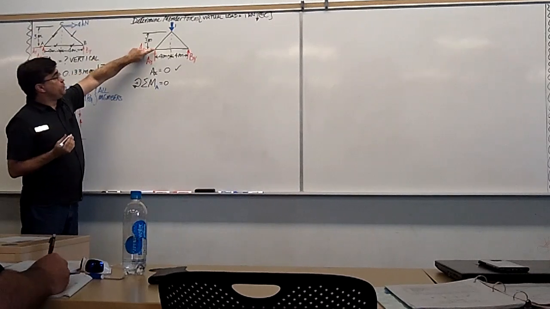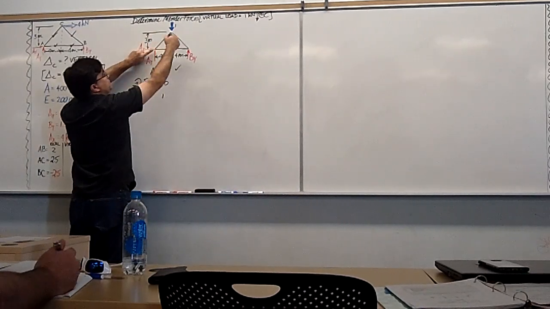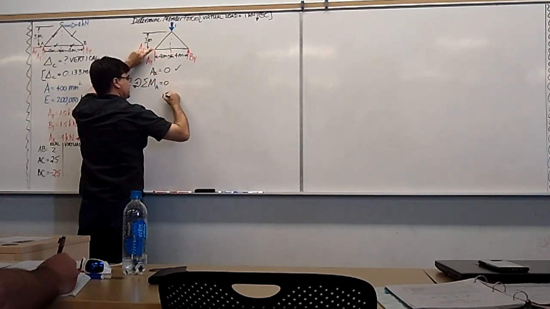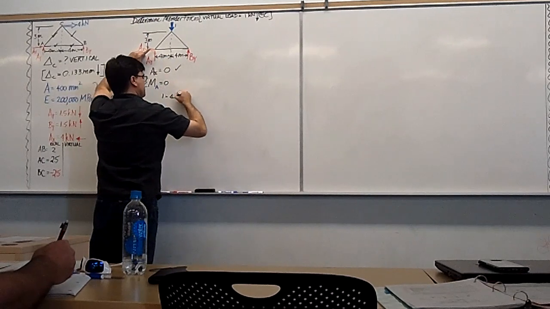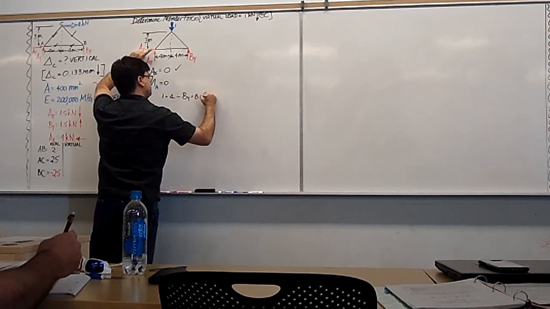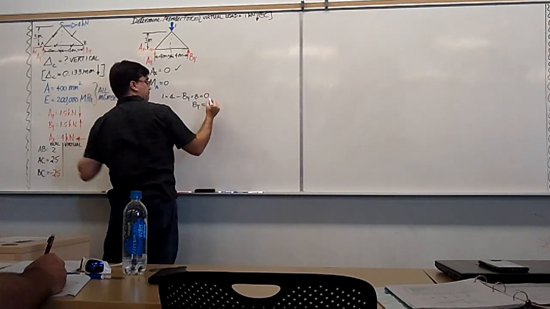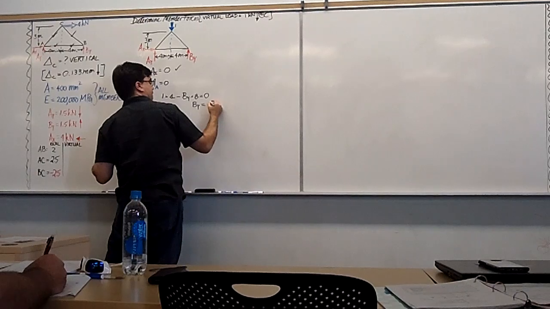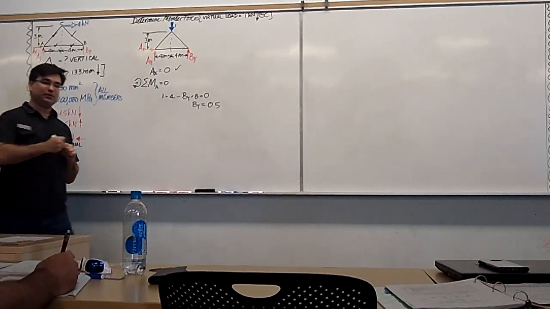So sum of the moments with respect to A, we're going to get a clockwise moment of 1 times 4 meters, and a counterclockwise moment of BY times 8 meters. That gives us that BY is equal to? 0.5. Lovely.